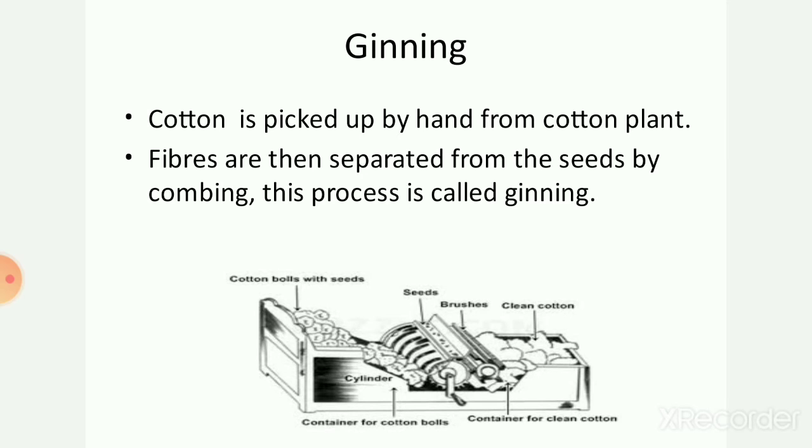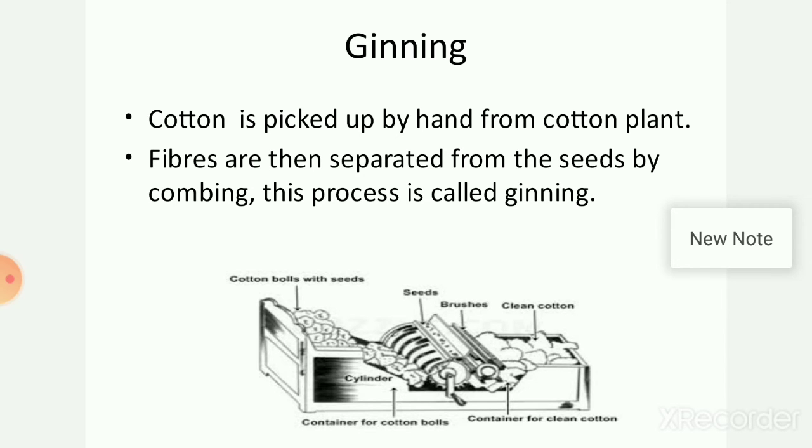See here that machine is shown. From the upper side cotton ball with seed is released, and in the middle portion seeds are separated, and then brushes are there, and by the brushes that cotton is cleaned up, and on the right side we are getting clean cotton.